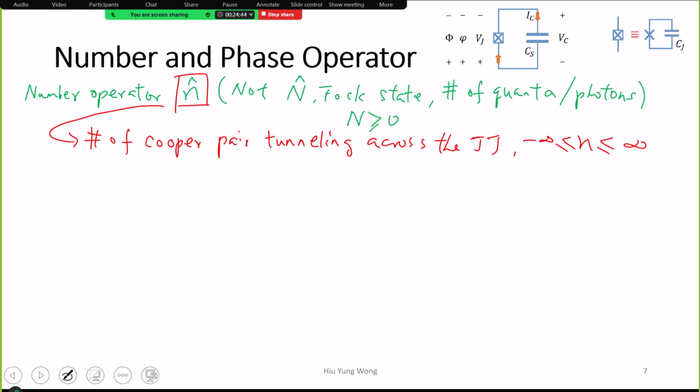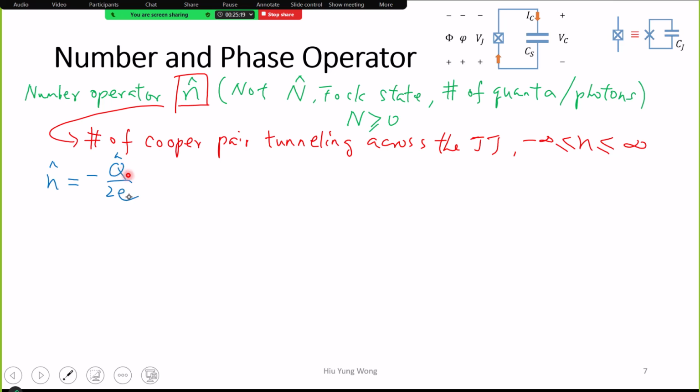And now go back to what you just said. How is n related to Q? n is the number of excess Cooper pair, right? Then it must be equal to negative Q hat divided by 2e, because I'm talking about the number of Cooper pairs. So if I have 2 electrons, then I should have negative 2e of charge. Then I have negative 2e divided by 2e times negative 1 equal to 1 Cooper pair. Or think in another way.